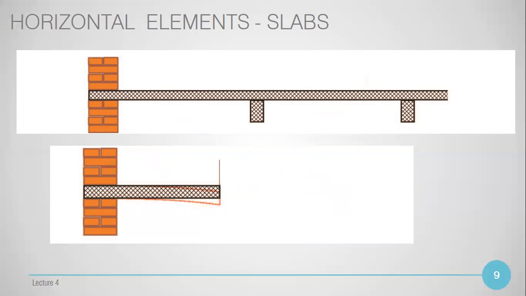Most commonly, the depth of the slab in a residential structure varies from 15 centimeters to 18 centimeters. In some cases, more often we can find 20 centimeters depth of slab. Besides continuous slab, we also use cantilever slab for balconies and other cantilever structures.